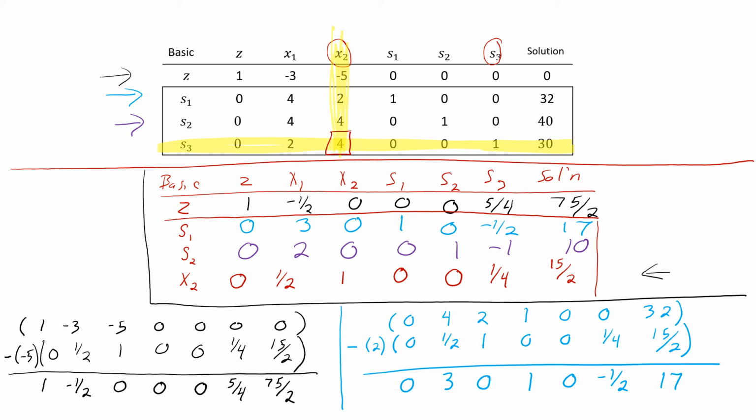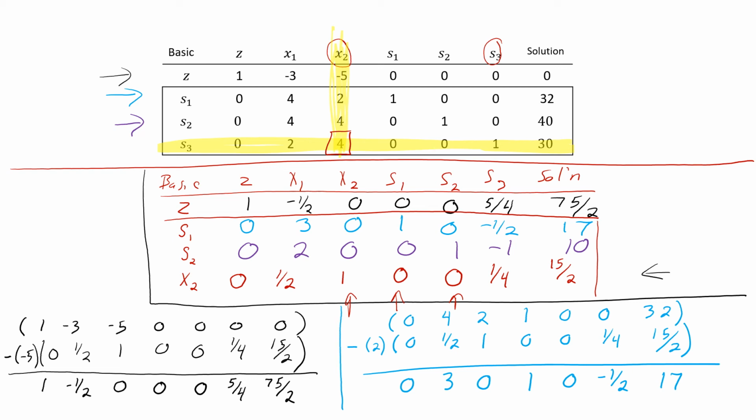Our basic variables are s1, s2, and x2. If you look at it, s1 has 1, 0, 0, s2 has 0, 1, 0, x2 has 0, 0, 1. So you've kind of got a permuted identity matrix sitting in there. Those are our non-zero values.